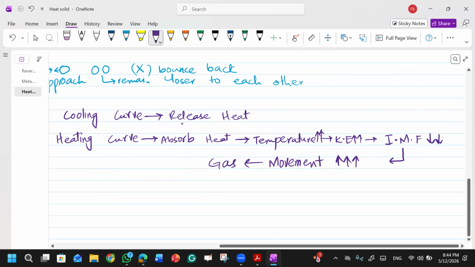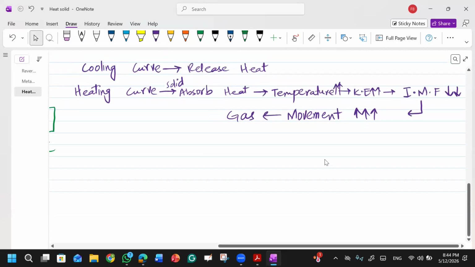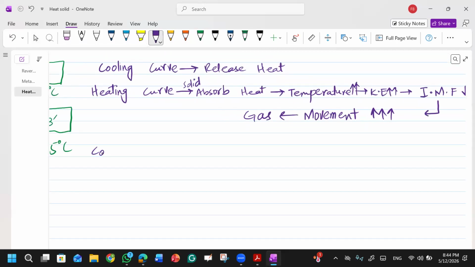Okay, over here you were having solid, then the temperature will increase, and so on. Now can you tell me, for the cooling curve, what happens in the cooling curve? The cooling curve releases heat, and the temperature will decrease.